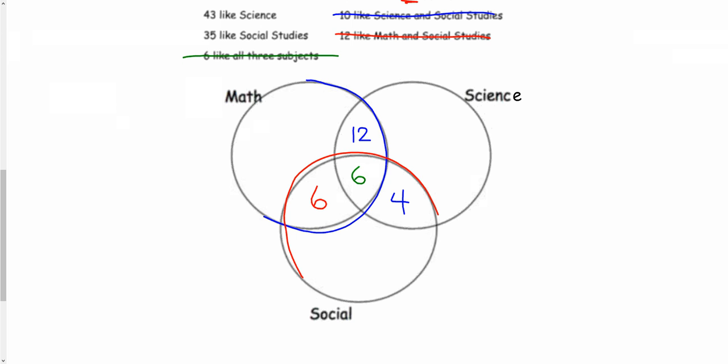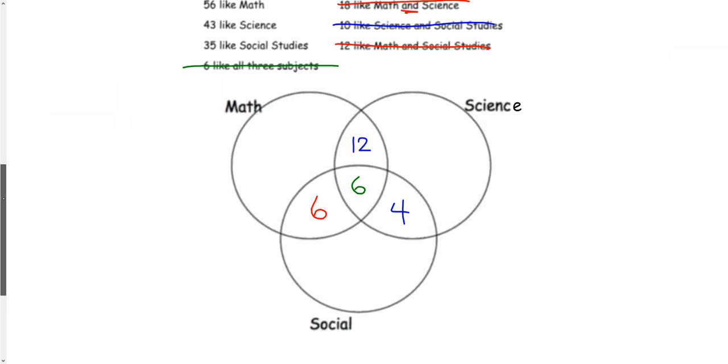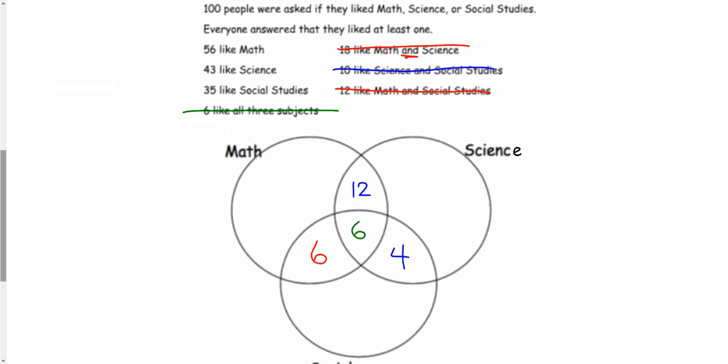Now we can just look at the individual circles. The entire circle now, that's all that's left. This one says 56 people like math. Here's math, this is all math right here, and there needs to be 56 people inside that circle.